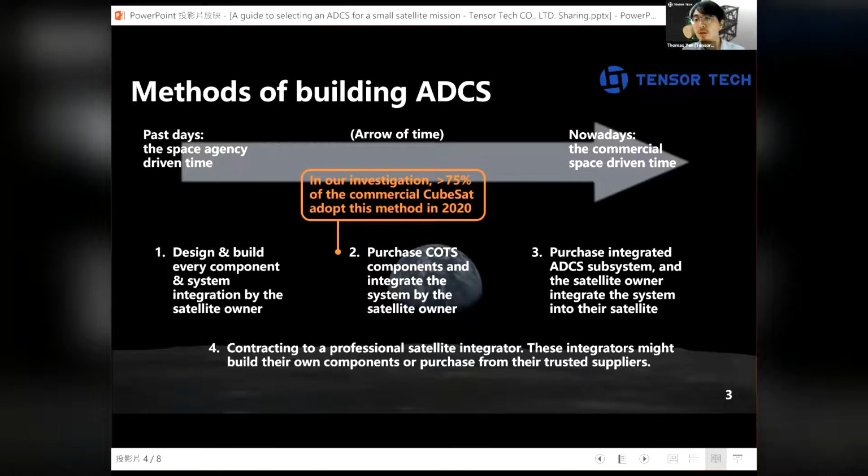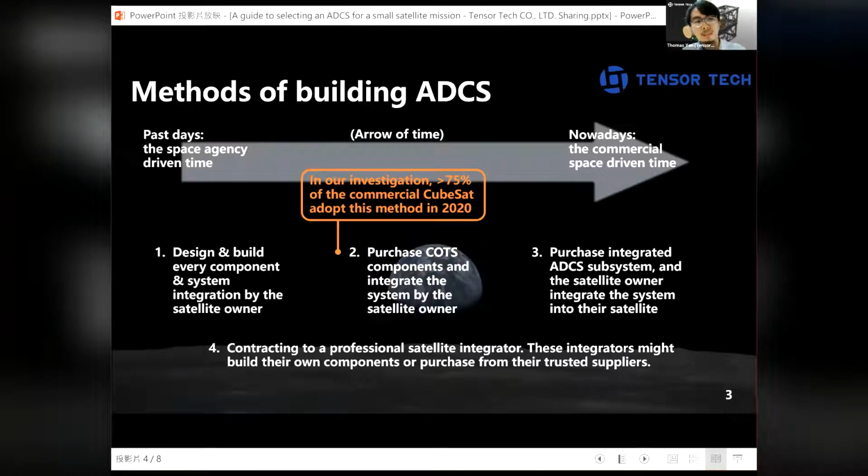After knowing the pointing requirement of a mission, here come several different methodologies of building an ADCS. Traditionally, people used to design and manufacture every component from the ground up, and then integrate their whole system.